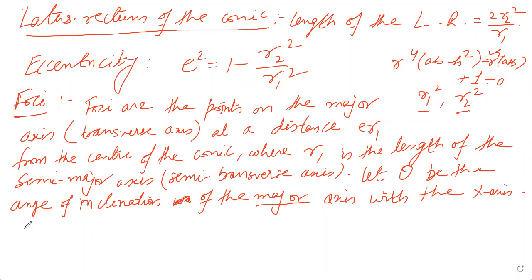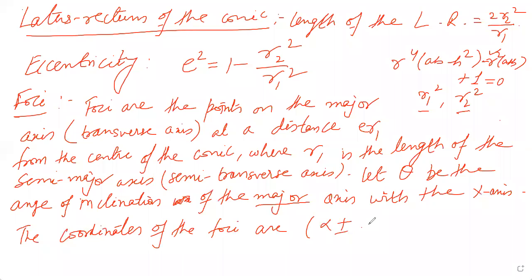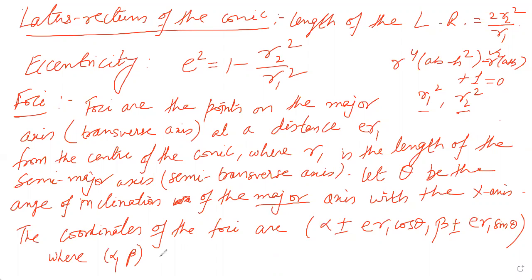Then the coordinates of the foci are alpha plus minus e r1 cos theta and beta plus minus e r1 sin theta, where alpha, beta is the center of the conic. We had already found the center, the formula for the center came earlier, remember? You put that center coordinate in this formula, and it will give you the coordinates of the foci.